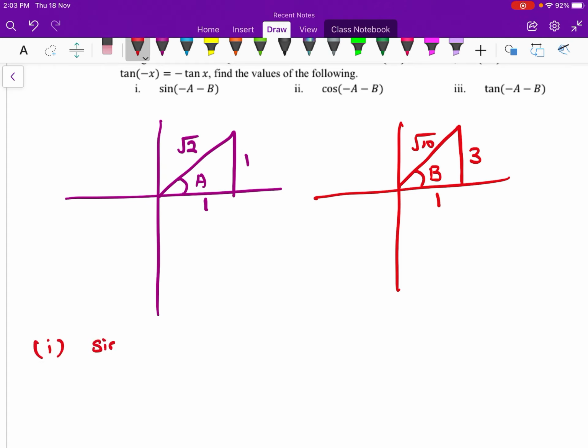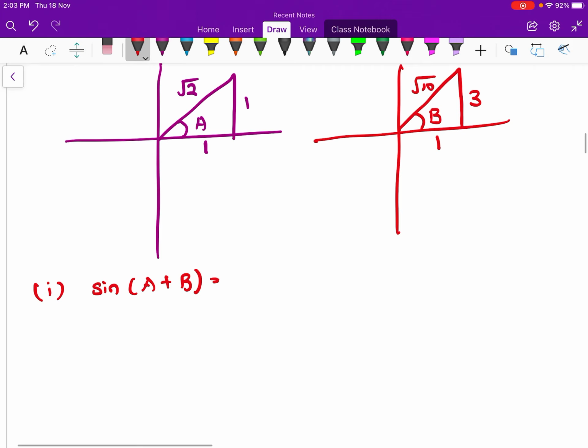So sine of A plus B. First thing first, we memorize the formula: sine A cosine B plus cosine A sine B. Then after that we just substitute. Sine A we have already, so sine A is just 1 over square root 2.